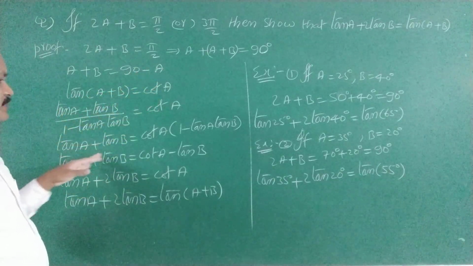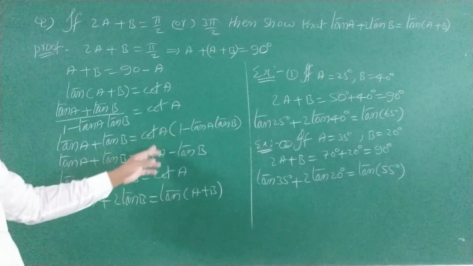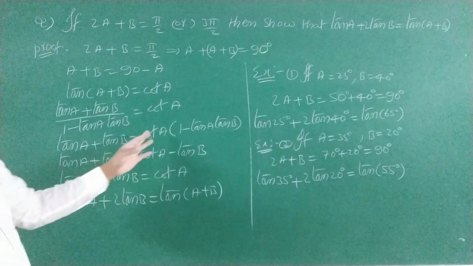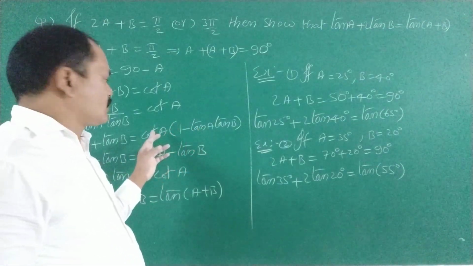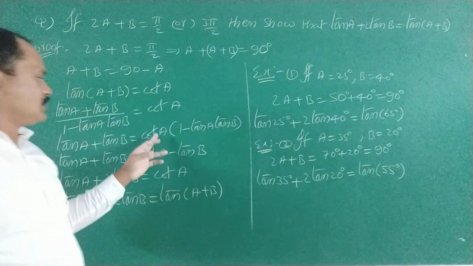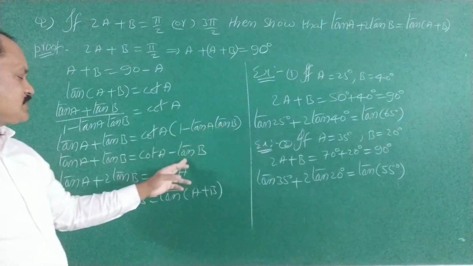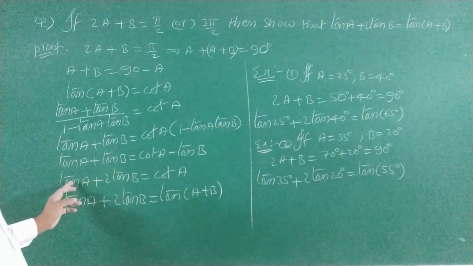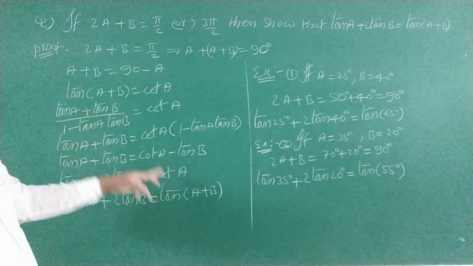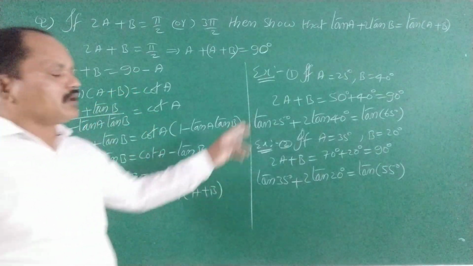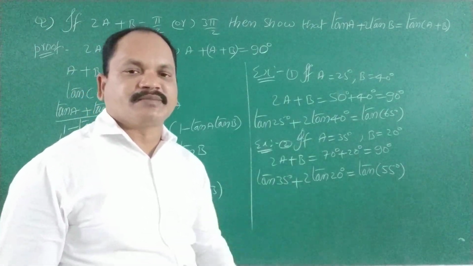Upon simplification, tan a times cot a is 1, so it is cot a into tan b. So tan a plus 2 tan b is equal to cot a, and what is cot a? Tan of a plus b. That's the proof.